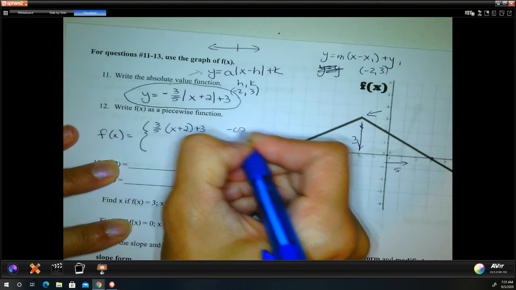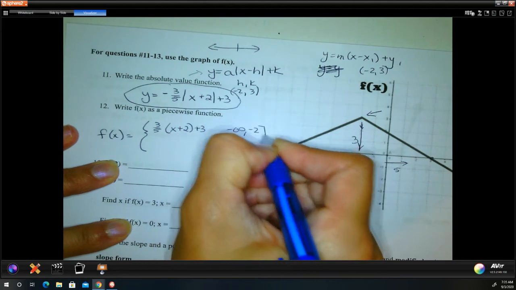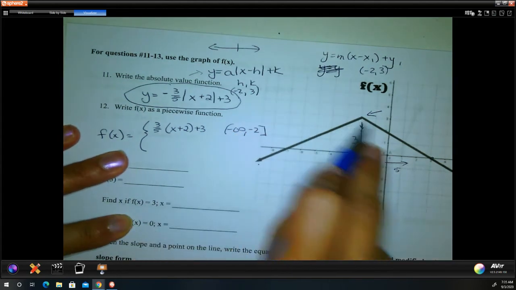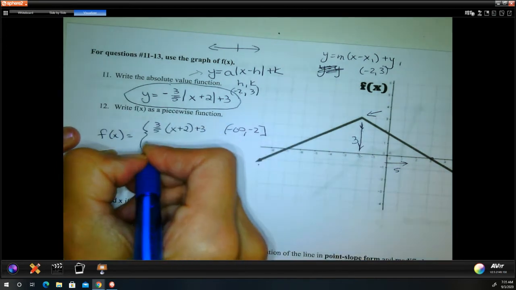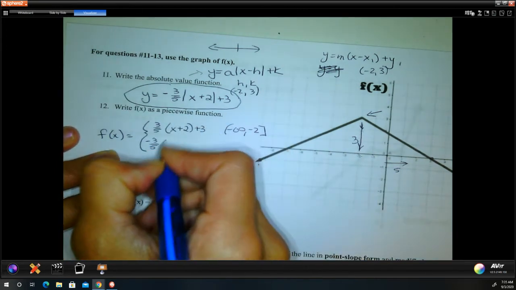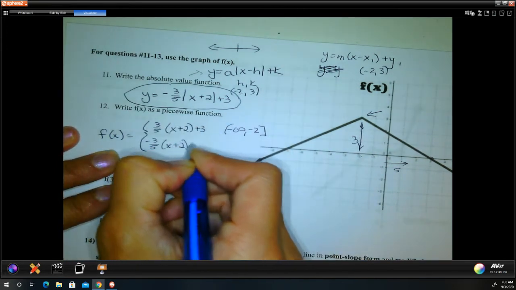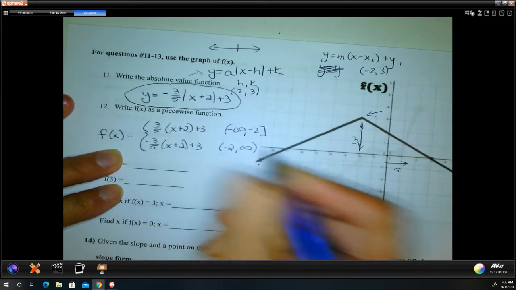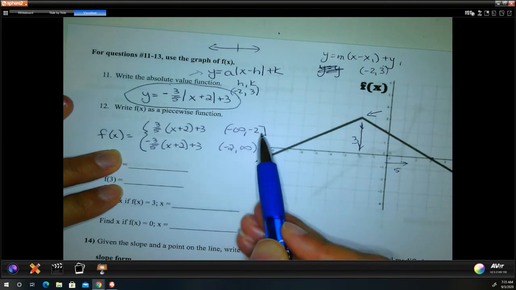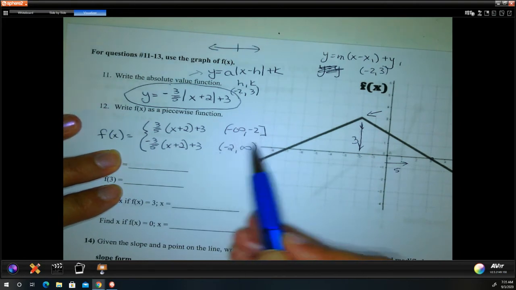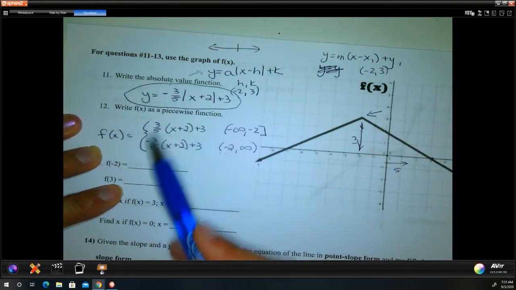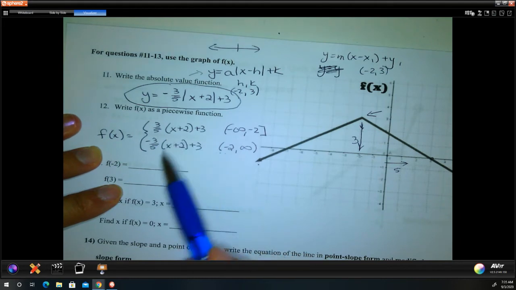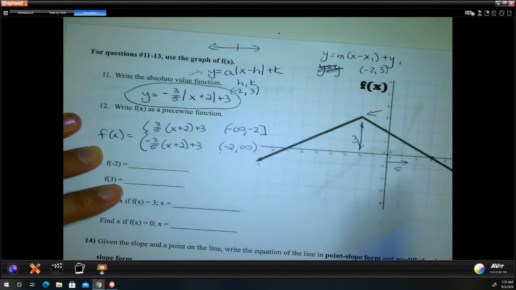So -infinity to -2. And then the other piece has the same line, but just the opposite direction. So opposite slope, same point. And that one's going to go from -2 to +infinity. You can include the -2 in either piece as long as it's not in both. You can have different forms for these lines as long as it still matches up to those lines.